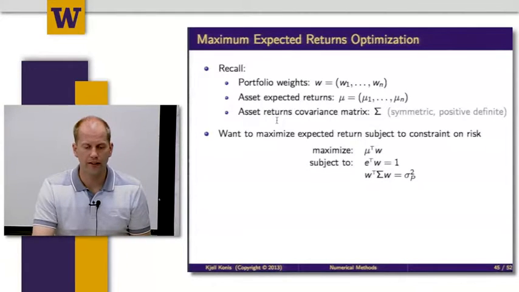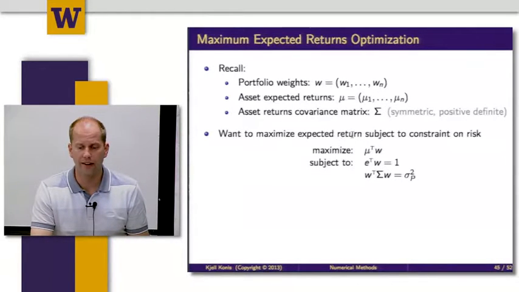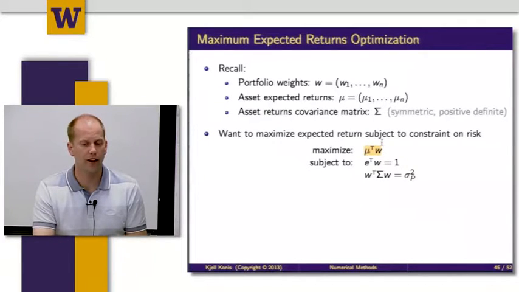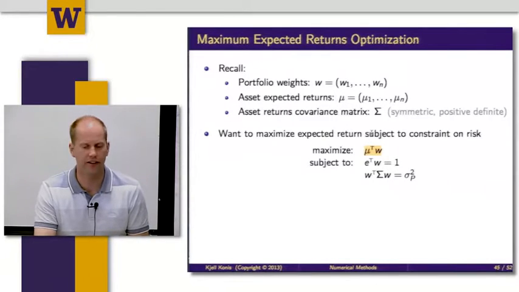The problem I want to solve is to maximize the expected return subject to a constraint on risk. The expected return for each asset is mu sub i for asset i. If I multiply that by the weight of each asset and sum it up, you can think of that as the dot product of mu and my weight vector W, which I'll write in matrix notation as mu transpose W. I want to maximize that quantity.